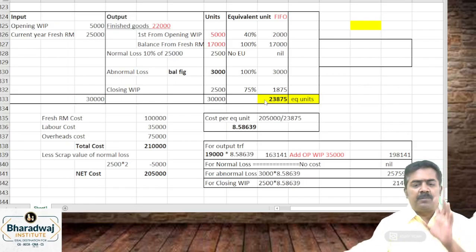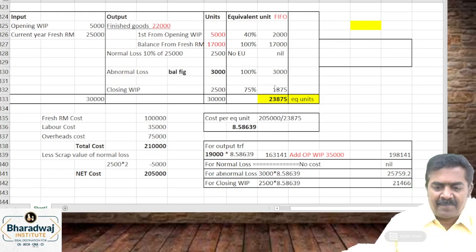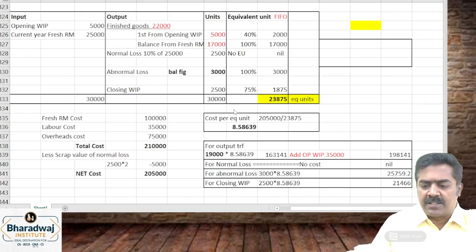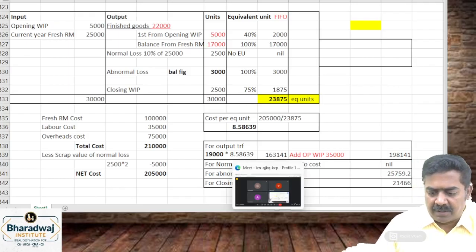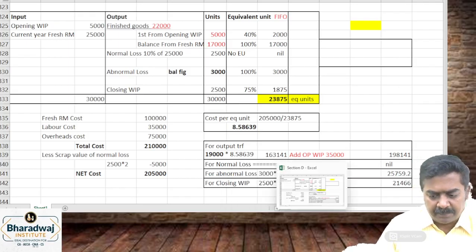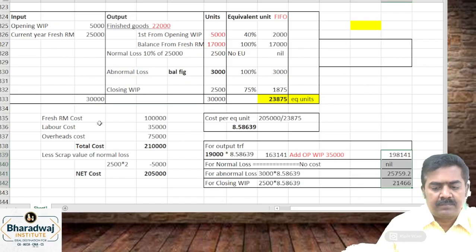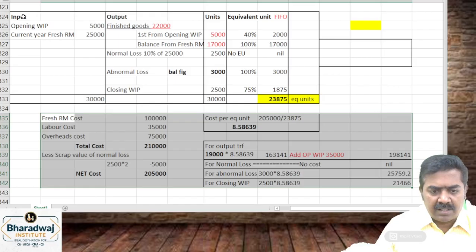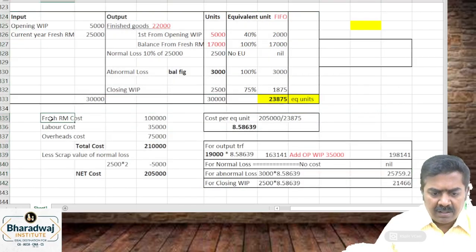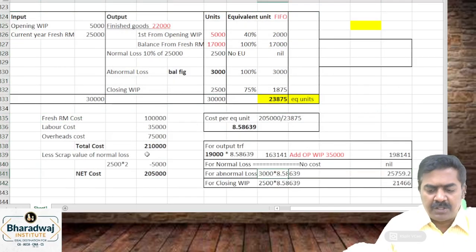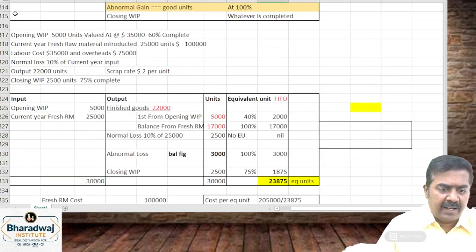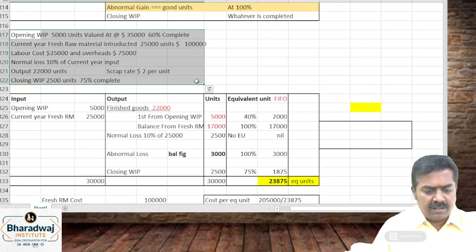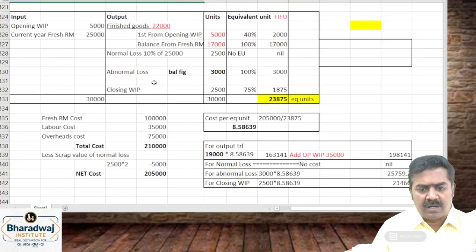If there is any doubt, please ask. You have to practice multiple questions based on this or in the same model so that you will understand in a better way. In the last class, we completed up to this part. It's a new addition for us. In the exam, you will get either a multiple choice question or an essay question or both.